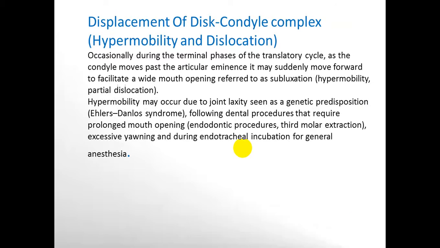The displacement of the disc-condyle complex, hypermobility and dislocation, occasionally occurs during the terminal phases of the translatory cycle as the condyle moves past the articular eminence. It may suddenly move forward to facilitate a wide mouth opening, referred to as subluxation. It means hypermobility and partial dislocation.